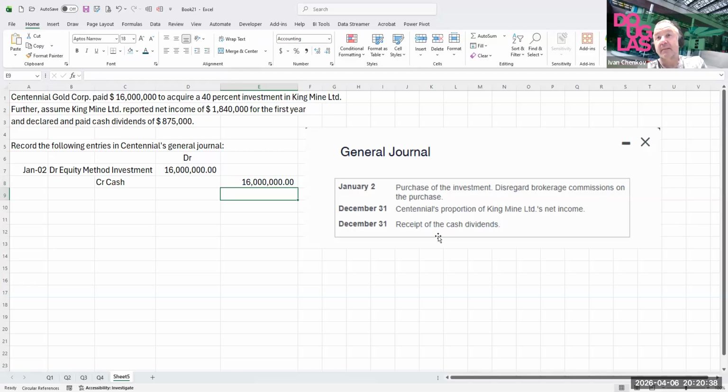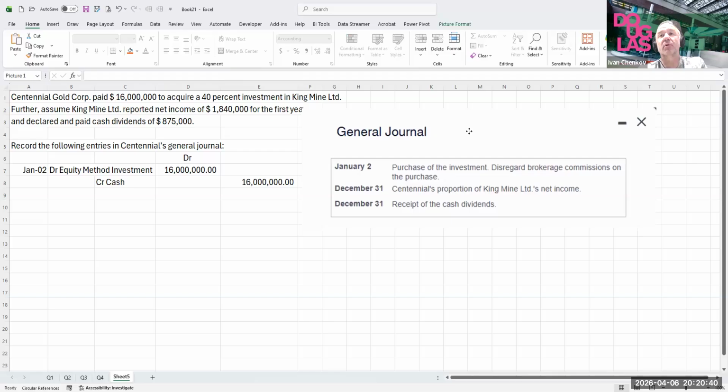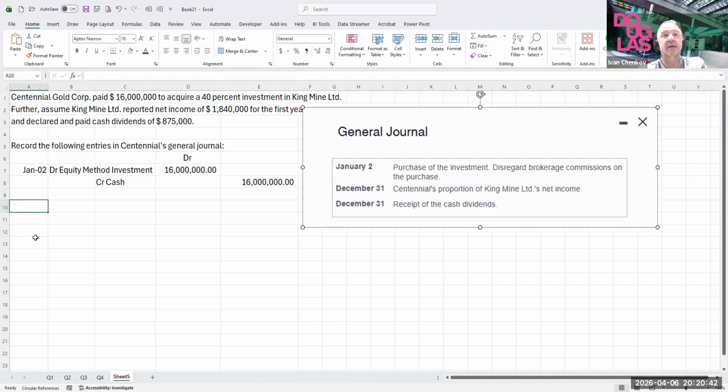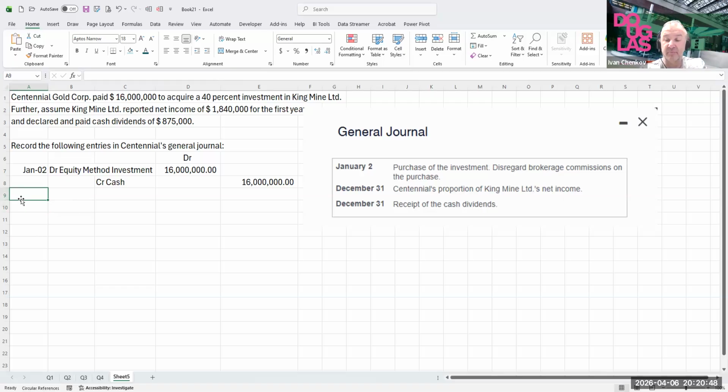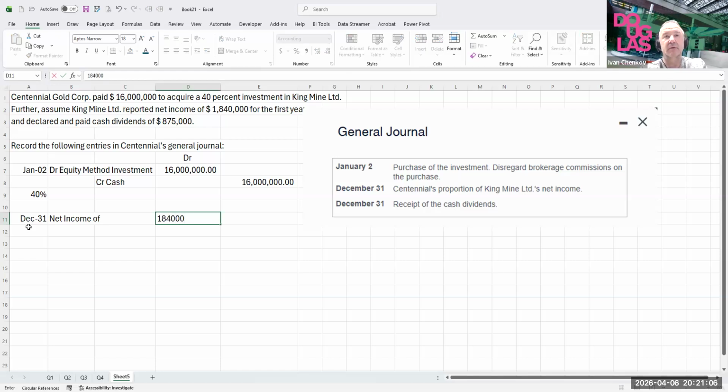Okay. Then we come to the point that this company, at the year end, has a net income. Now, don't forget, we own 40% of the shares of this company. So on December 31st, the company declared net income of 1,840,123.